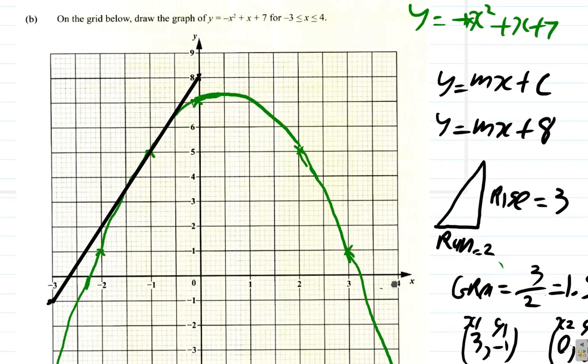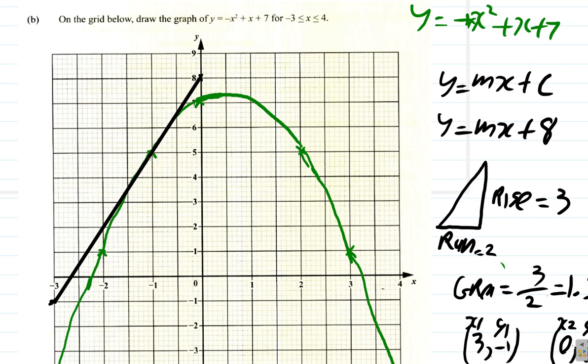The rise was between here and here, 1, 2, 3. Oh, the run is 1 unit. I counted the squares 1, 2, but it's negative 2 to negative 1, so it's 1 unit for the run, even though it cuts 2 squares. When you go from here to here, it's 1 unit you're covering.